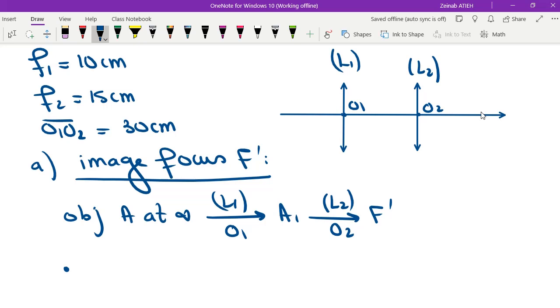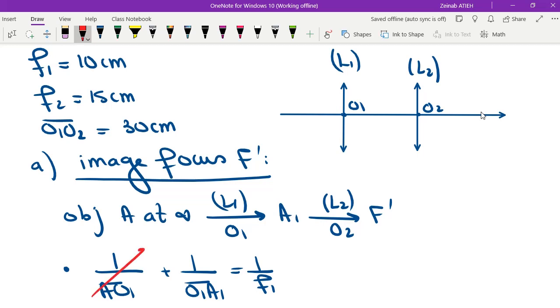So رح بلش من عند اللينس L1 بعدين اللينس L2. 1 over AO1 plus 1 over O1A1 equals 1 على F1. أنا معي ال A على الانفينيتي, so this one will be 0, implies O1A1 is equal to F1, it's equal to 10 سنتيمتر. أكيد اللايت لما بيجي parallel للprincipal axis بينزل بالfocal length تاعت اللينس, so كرمال هيك ال A1 هي موجودة على 10 سنتيمتر, هي الfocal length لللينس.